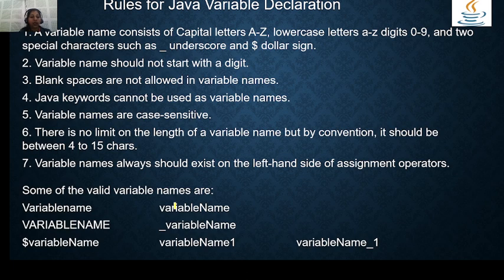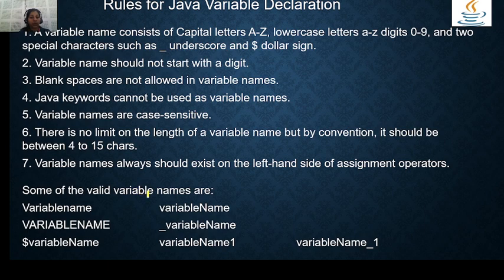There is no limit on the length of the variable, but by convention it should be between 4 to 15 characters only. And variable name always should exist on the left side of the assignment. So you have to follow that pattern: data type, name, assignment operator. If you are allocating any variable value, that should be on the left hand of the assignment operator.